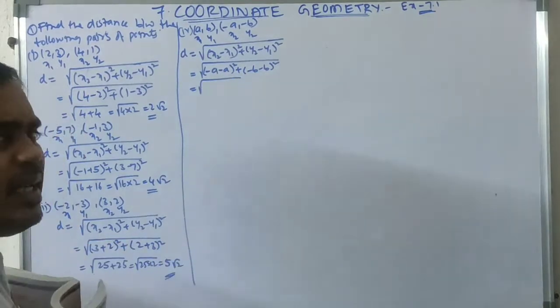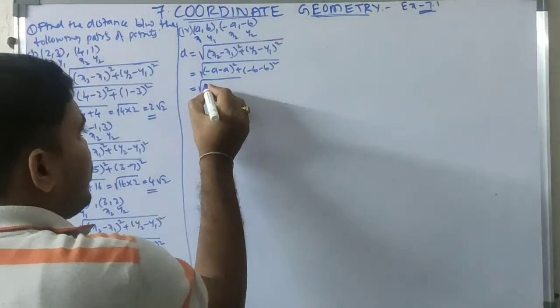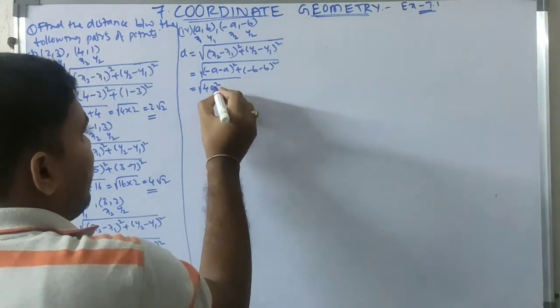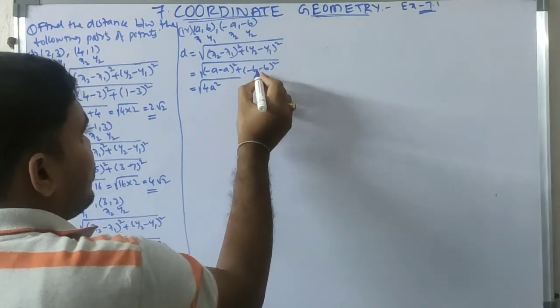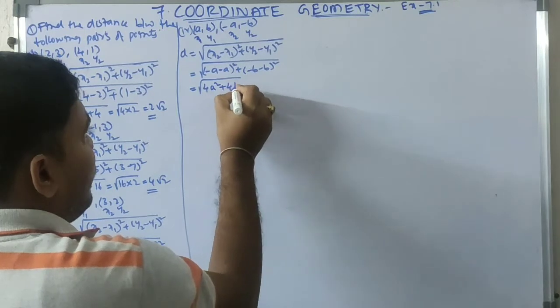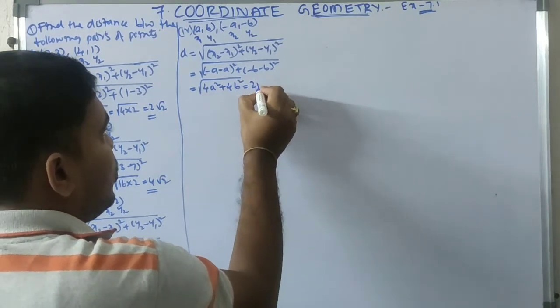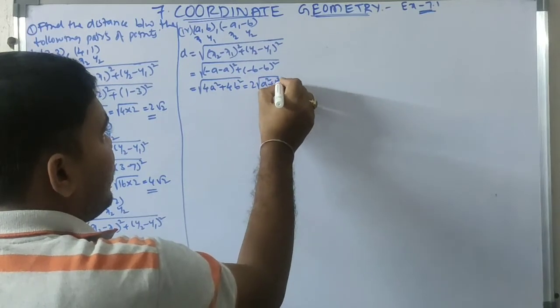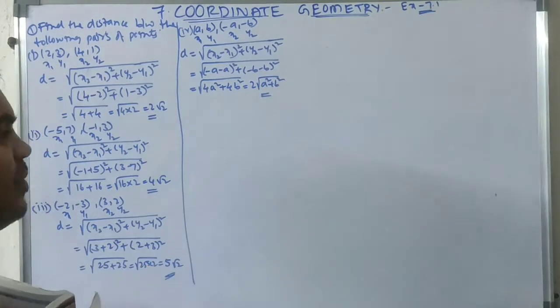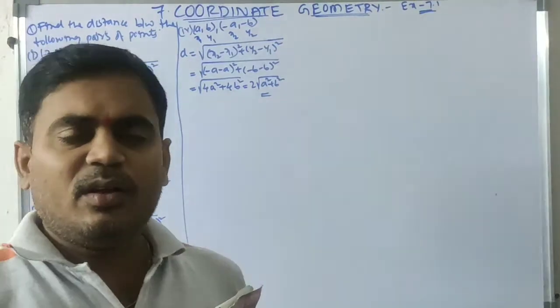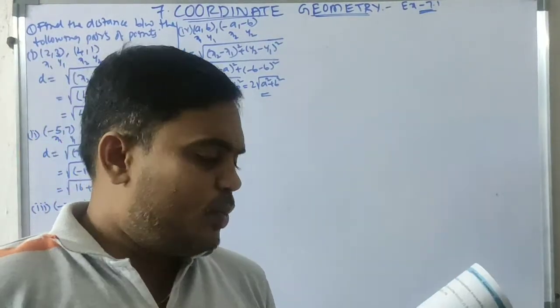So minus 2a whole square is 4a square, plus minus 2b whole square is 4b square. Taking 4 common outside of the root, we will get 2 root of a square plus b square.